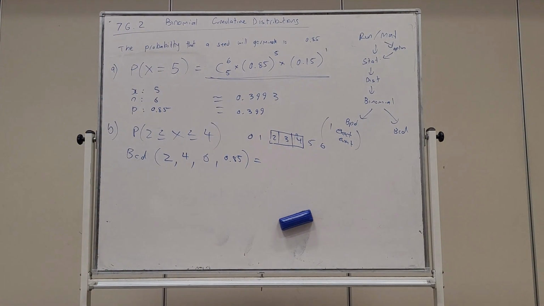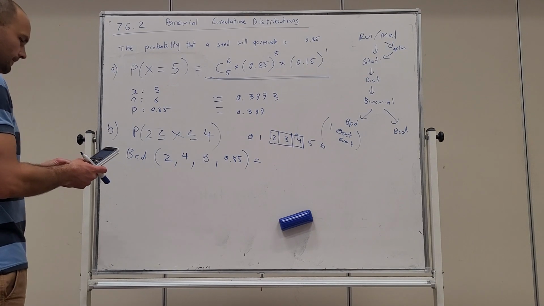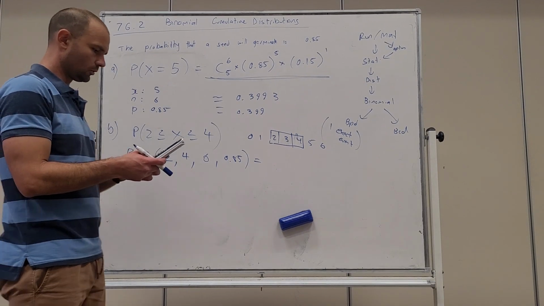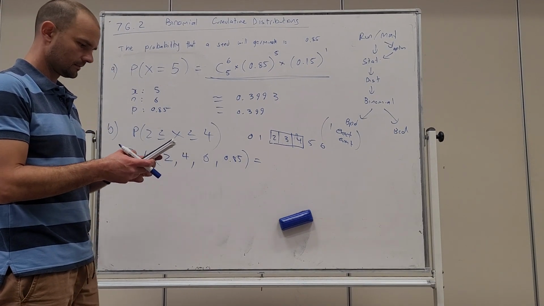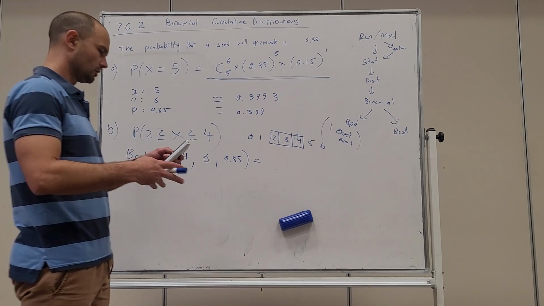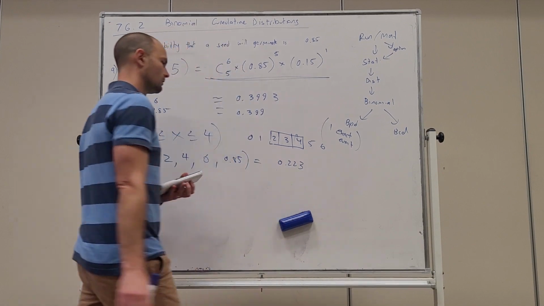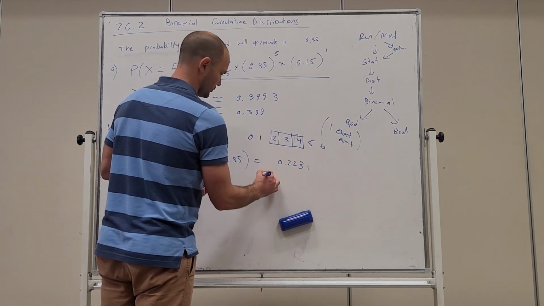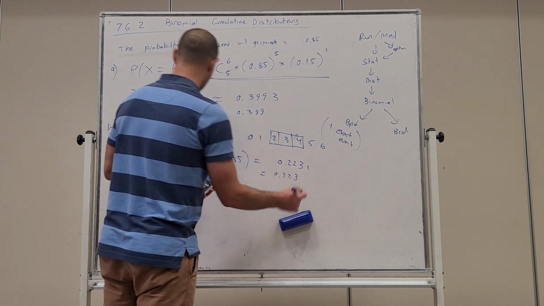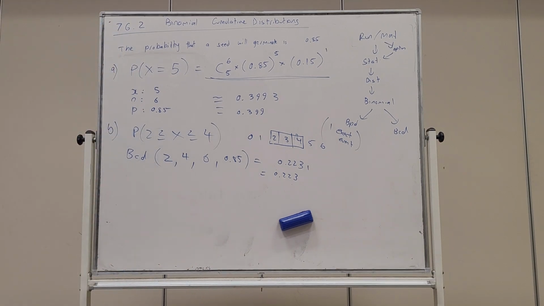So 2, 4, 6, 0.85. That gives 0.223. Okay, everyone okay with B?